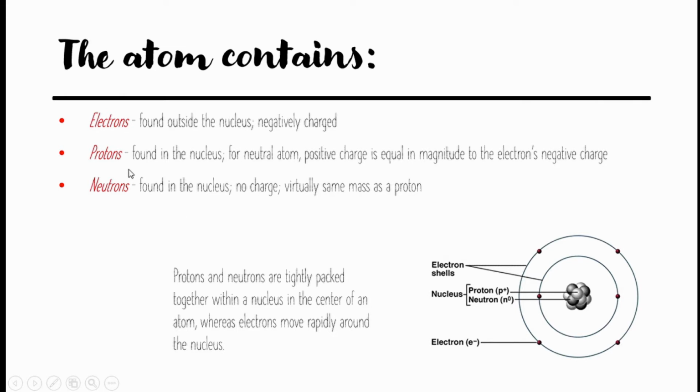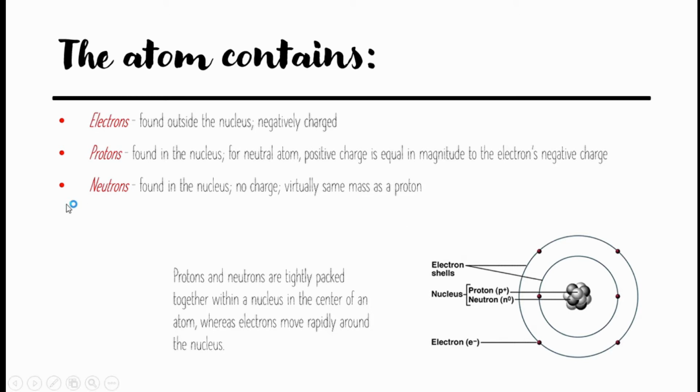And then protons are found in the nucleus. This one, proton. For a neutral atom, the positive charge is equal in magnitude to the electron's negative charge. So in a neutral atom, the number of protons is equal to the number of electrons.